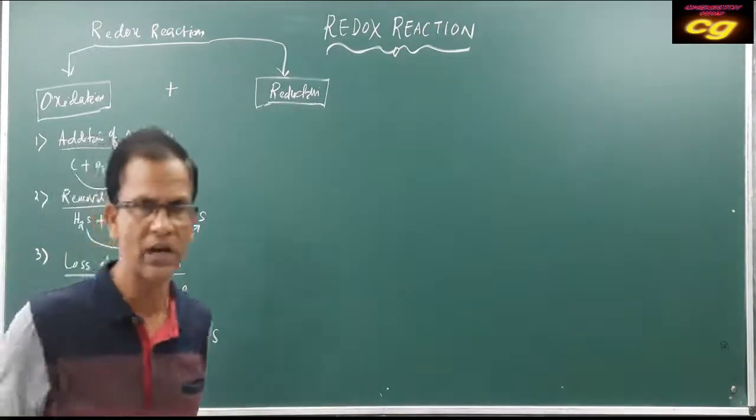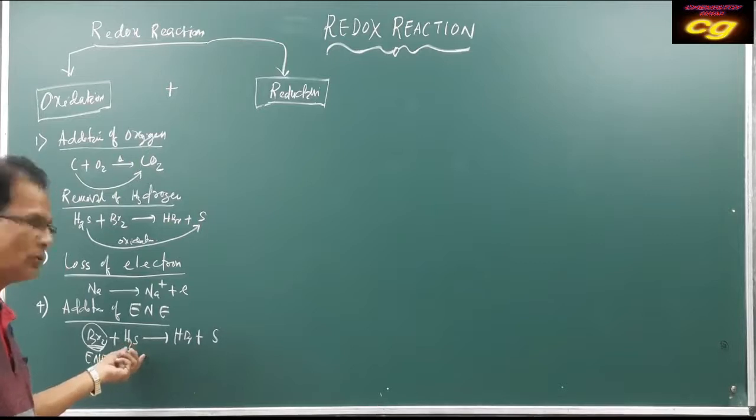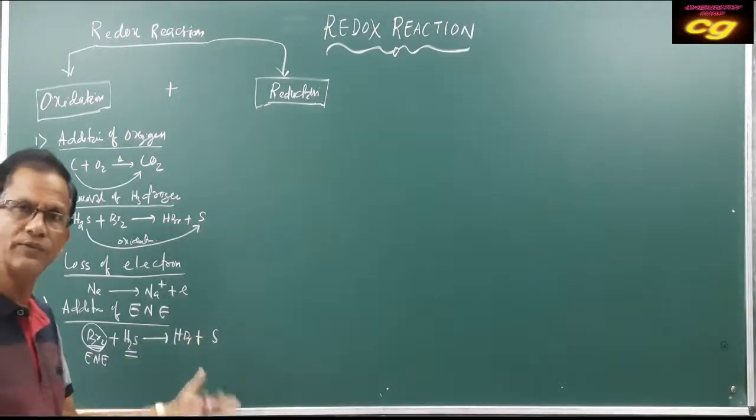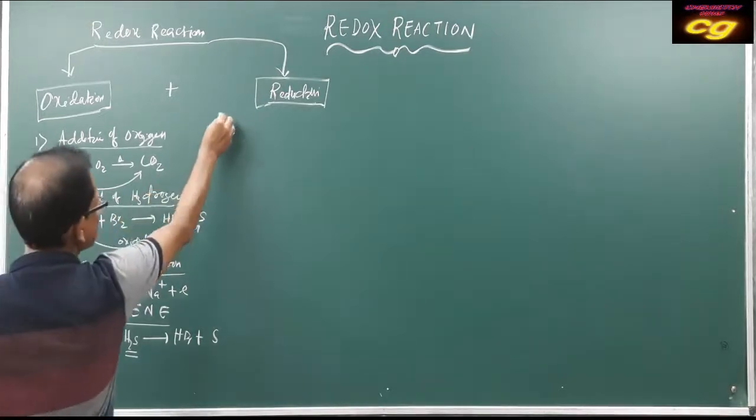That is the definition: addition of electronegative element means the substance undergoes oxidation. Loss of hydrogen already satisfies the definition. So in this way, four examples, addition of oxygen, removal of hydrogen, loss of electron and addition of electronegative element are involved in oxidation reaction.